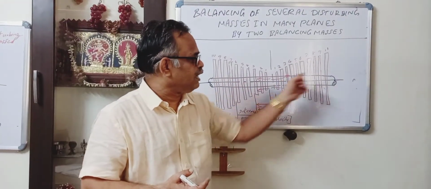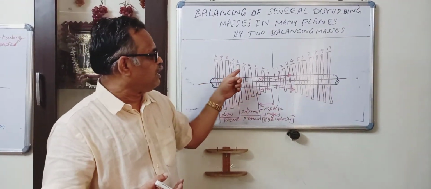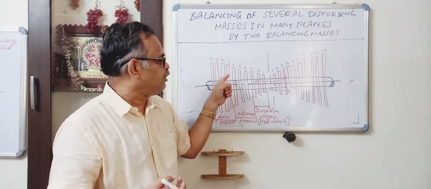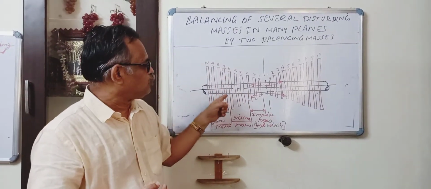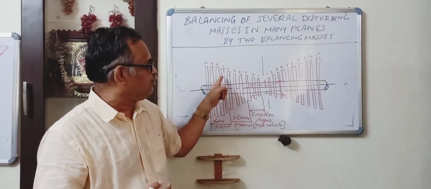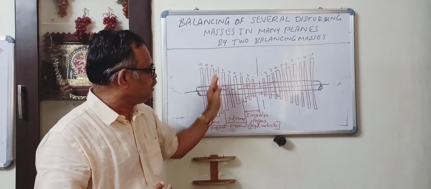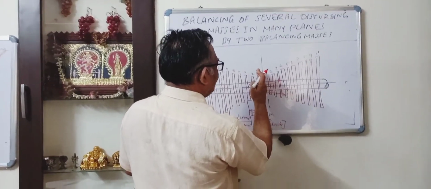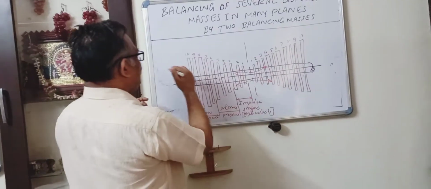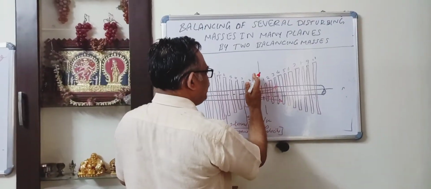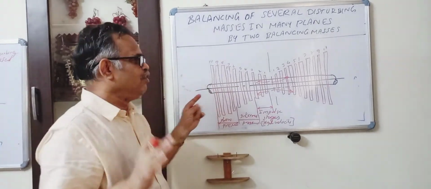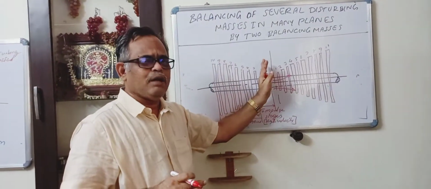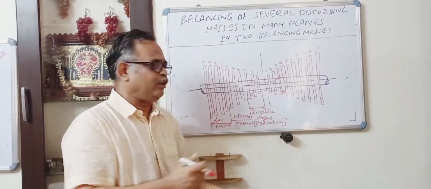So when it is running at such high RPM, even a small disturbing mass matters. And see, there are so many blades in each row. Each stage is nothing but a row of blades, right? The blades are like fan blades. Fan blades are only 3, whereas here so many blades will be there in one plane.